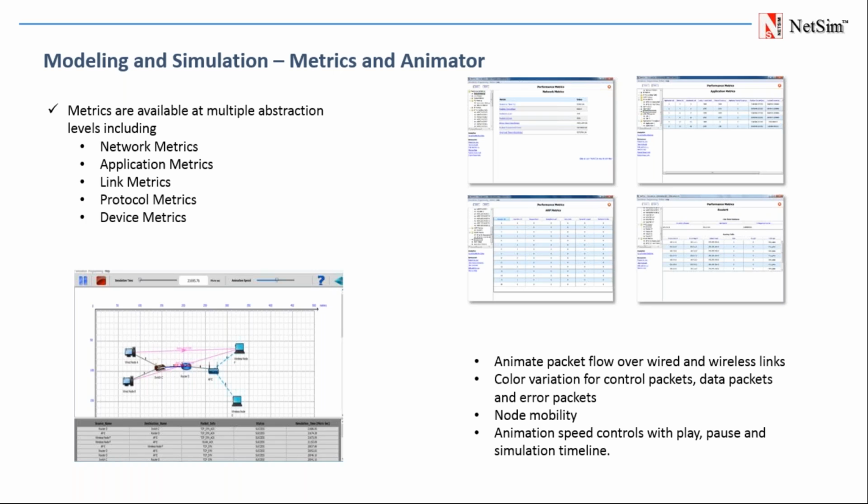Unlike other network simulators, which only show the transmission of packets, NetSim goes a step further and displays some basic packet information like packet ID, type of packet, and whether it is successfully transmitted or not. Users can also observe the changing location of nodes due to inherent mobility.